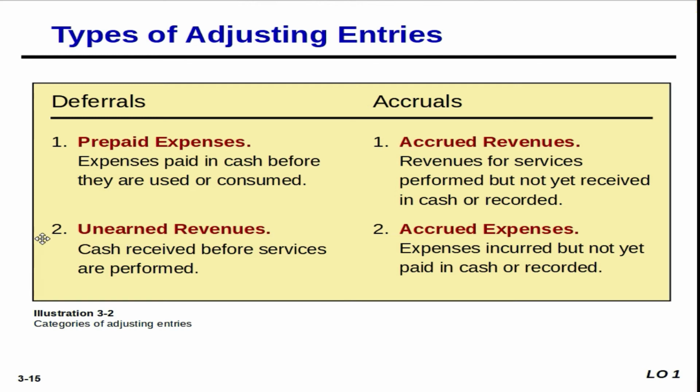Then the adjusted entry comes at the end of the period. Initially, you would debit prepaid rent, an asset, and credit cash. By the way, for the actual adjusted entries, you will never see cash in the adjusted entry.